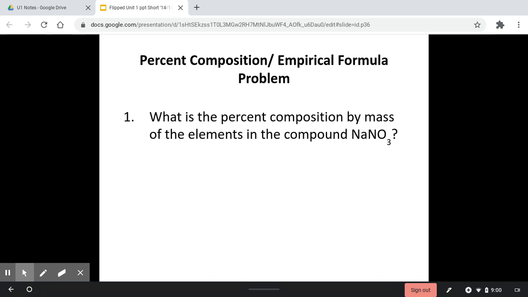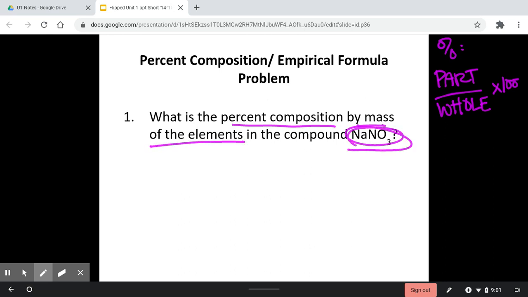Percent composition. Percent composition is used a whole lot in empirical formula and molecular formula problems. So just getting comfortable with percent composition, or percent by mass, being able to go from percent by mass to an empirical formula or the opposite, is a really good skill to have. Anytime we have a percent, all percents are going to be a part of something over the whole thing times 100.